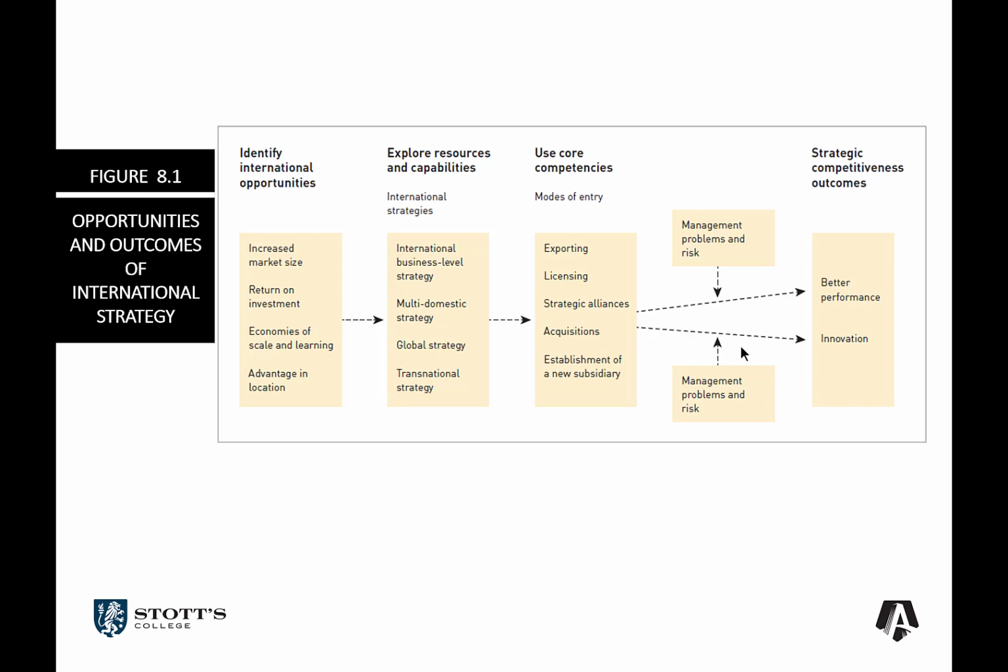This table identifies the key model that we're talking about. And in fact, your Moodle exercise is to identify a company that you might use as an example, and then try to identify what opportunities it's been driven by, what it's trying to achieve, what strategy it's using, what modes of entry it is using, any risks that you see from that mode or that strategy, and what strategic competitiveness it's seeking to gain from those choices.